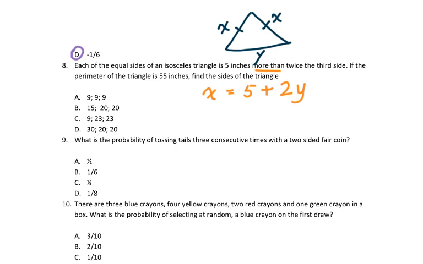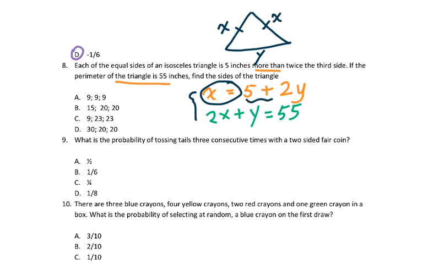If the perimeter of the triangle is 55, which means 2x plus y equals 55. Then solve this system of equations now. Since we already have x equals, we can do the substitution.